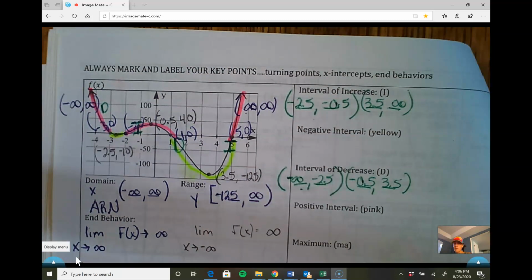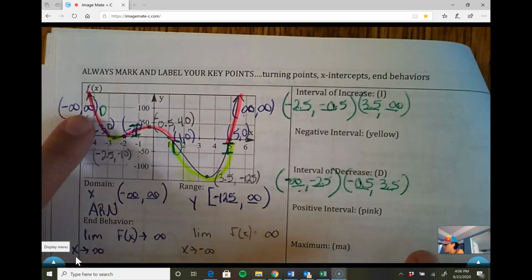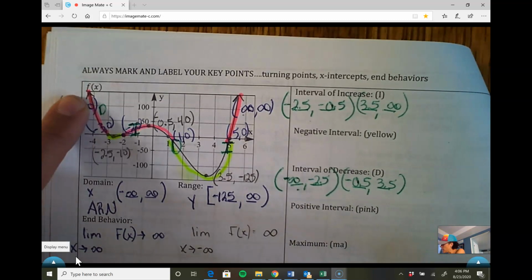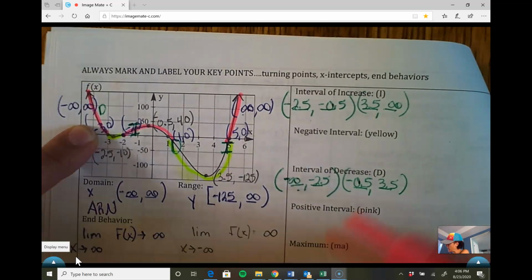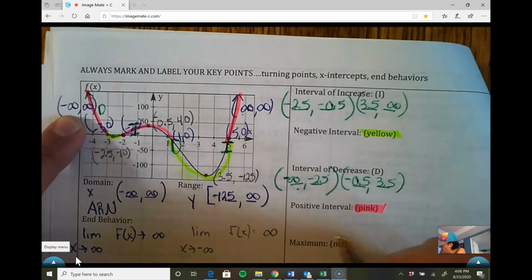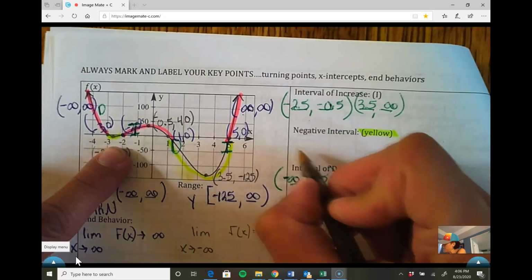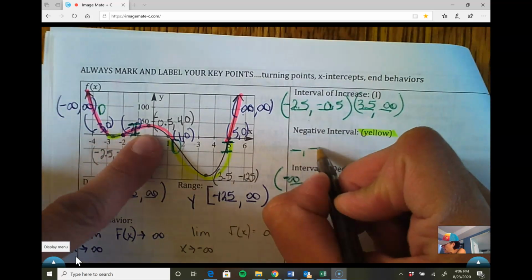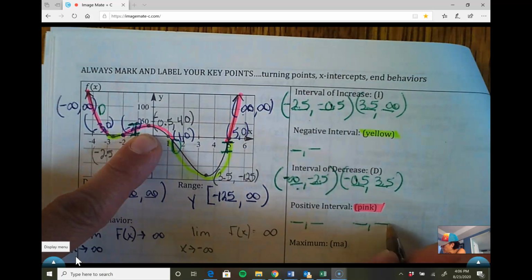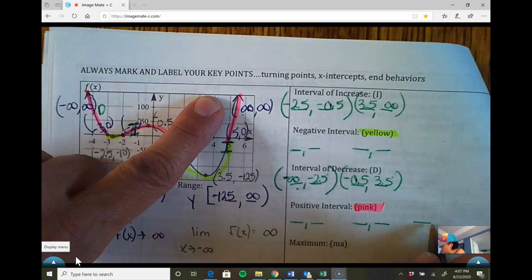So again, I'm going to go from one to the other. I'll start with whichever one came first. So here's pink, yellow. Pink, I've got one positive stretch, then a little negative stretch, then another positive stretch, another negative stretch, and one more positive stretch.